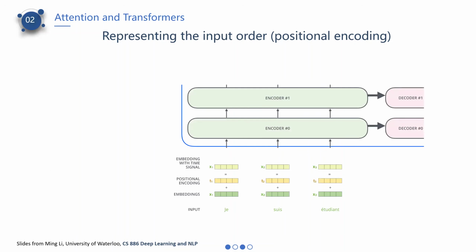So this is your sentence, and in French we get the embedding, then we add this position encoding vector, of the same dimension, to each of these. After addition we get this, and then it goes to encoder 0, 1, and so on.